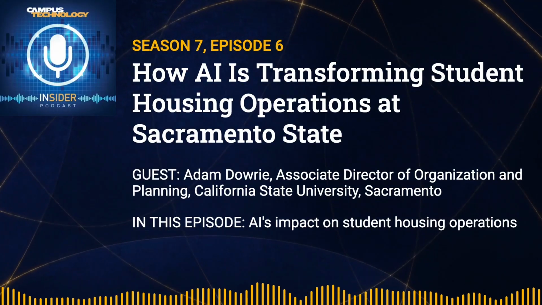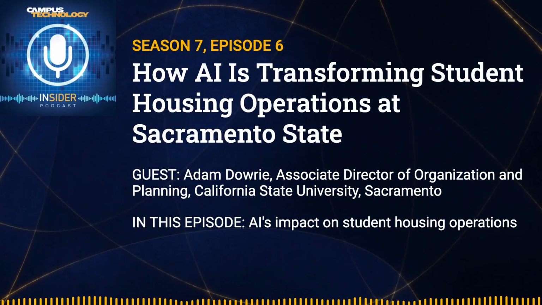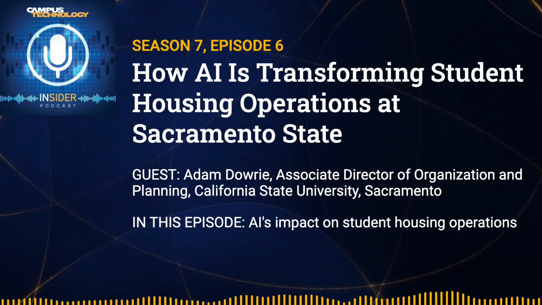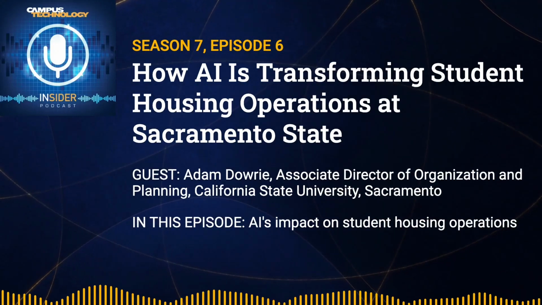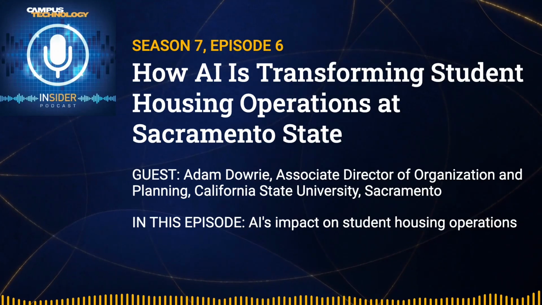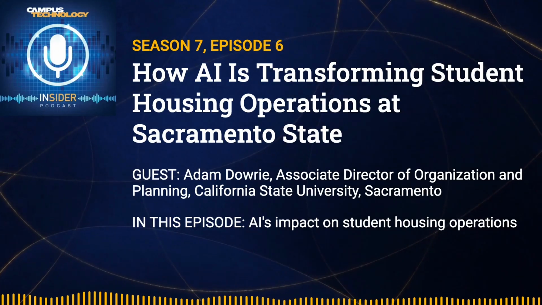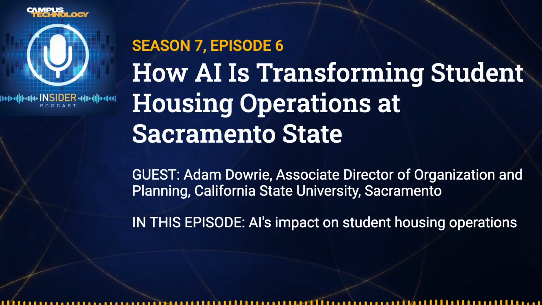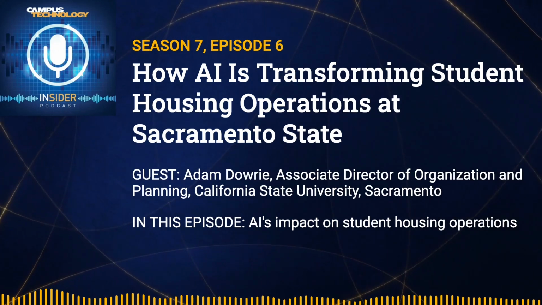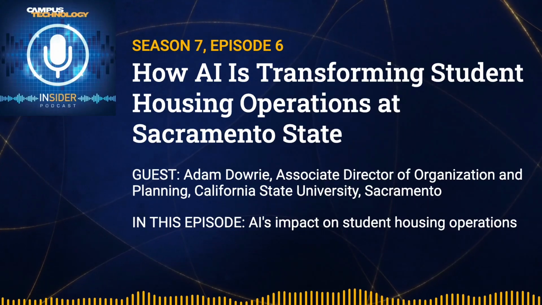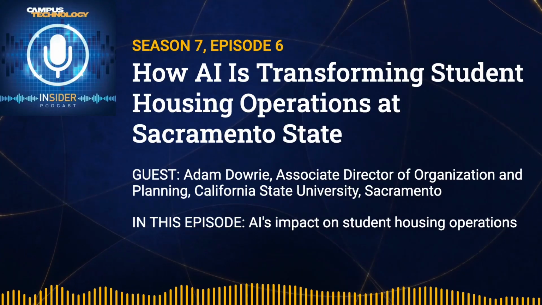I've typically been on the residential education side of the house for housing, so that's pretty much the student interactions, the student experience, directly programming with the students. And I've slowly over the last number of years migrated more toward this kind of IT operations related focus for my role. And so my role is the Associate Director of Organization and Planning here at Sacramento State.